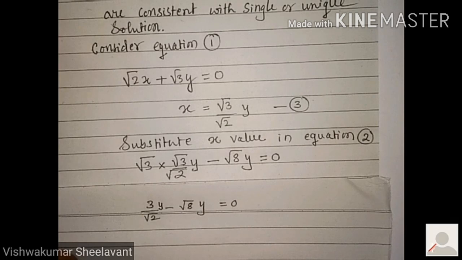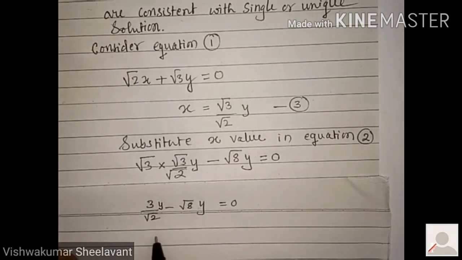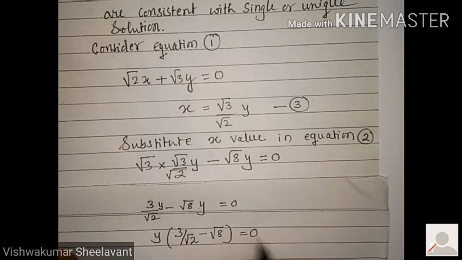Done? Okay. Now, you take y common outside. 3 by root 2 minus root 8 equal to 0.